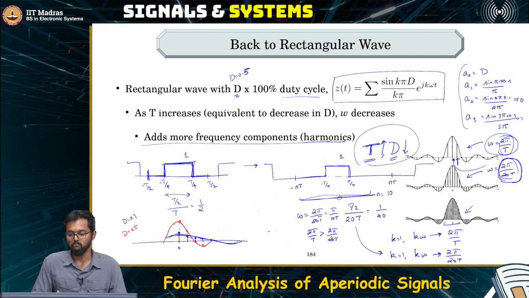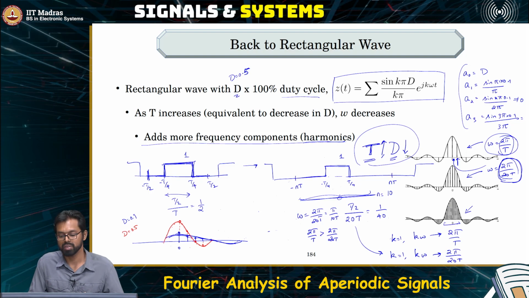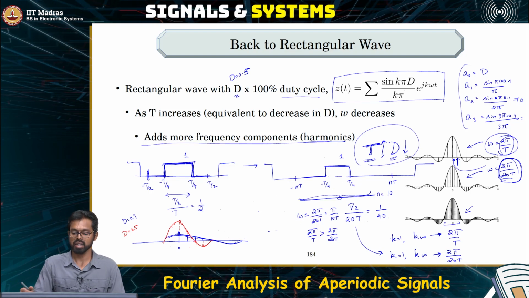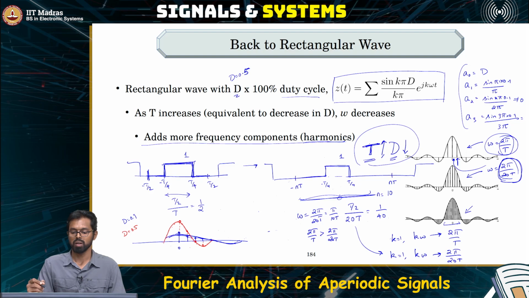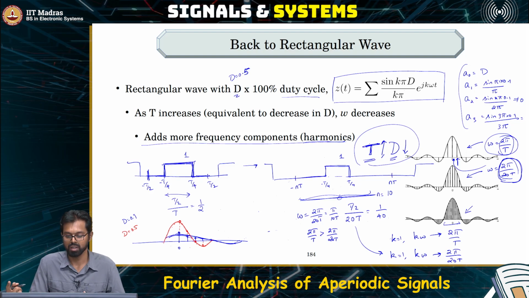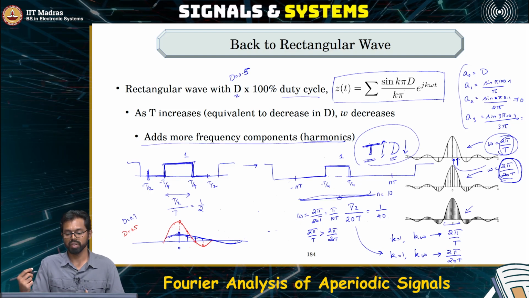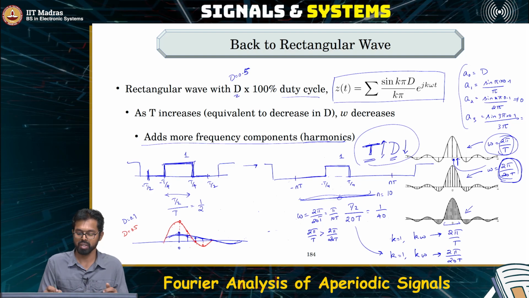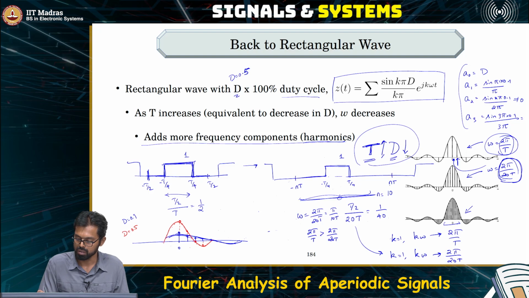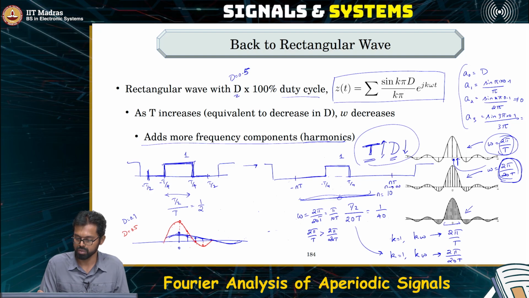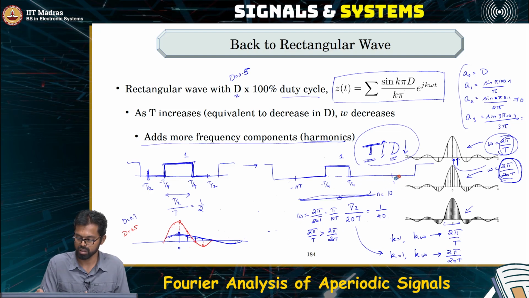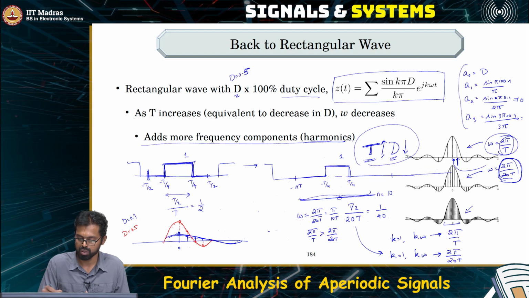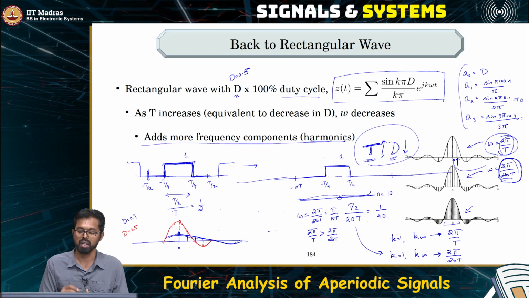So what if we let T tend to infinity? If we let T tend to infinity, we will just end up with only one cycle. So we would have effectively constructed an aperiodic signal. So if we let T tend to infinity, then this N here goes to infinity. If this N goes to infinity, then effectively what we have is just the rectangular signal.